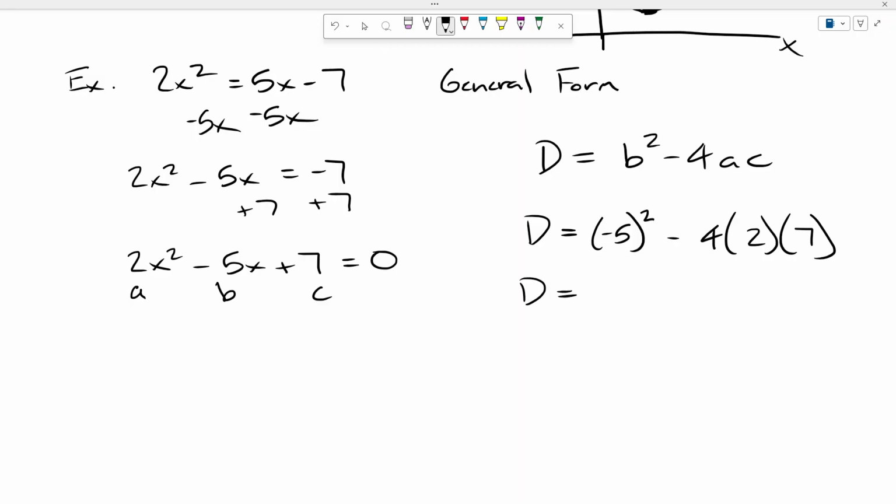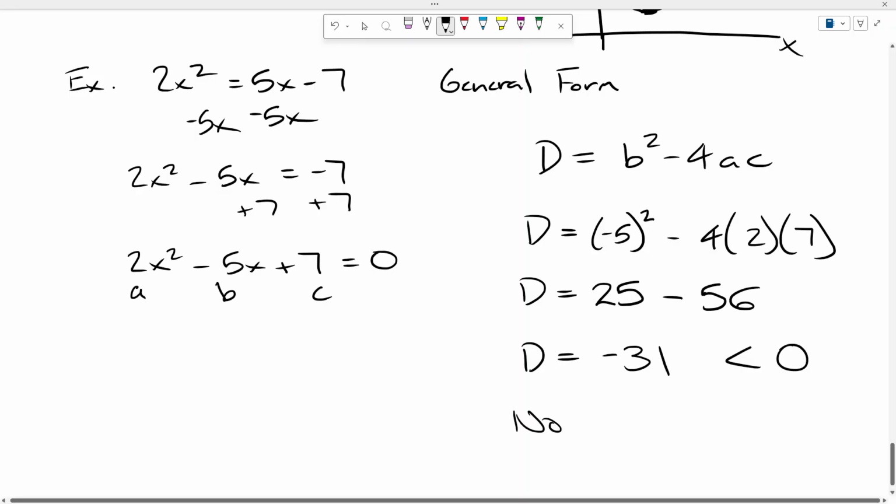So negative 5 squared is 25, and 4 times 2 is 8, times 7 is 56. So the discriminant is 25 minus 56, which is negative 31. So since our discriminant is less than 0, this would have no real solution.